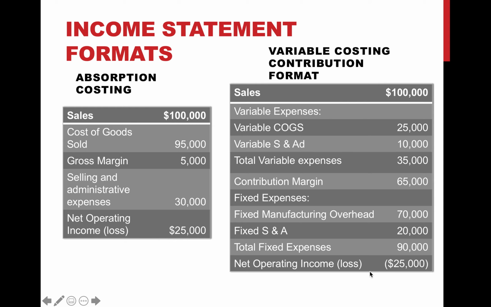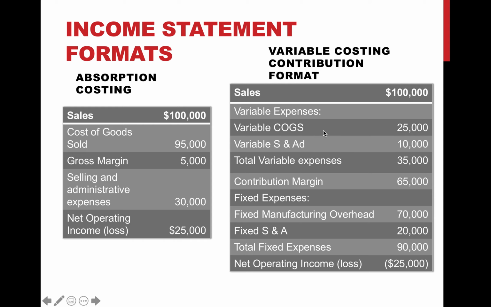You will see that this cost of goods sold is lower than this other cost of goods sold. Why is this different? Remember, under absorption costing the cost per unit includes four items: direct material, direct labor, variable manufacturing overhead, and fixed manufacturing overhead.